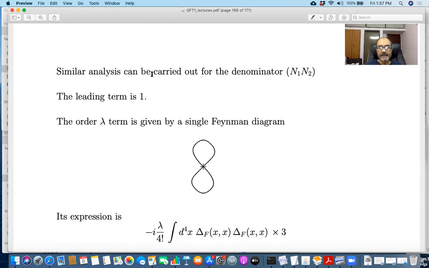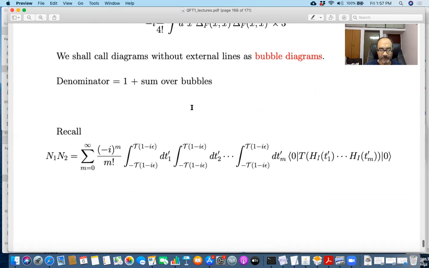A similar analysis can also be done for the denominator, which we had called earlier N1, N2. Here, as we have already said, the leading term is 1, because in this expansion it starts from m equal to 0, and that term is just 1.